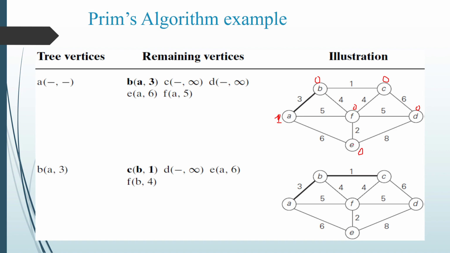So I can see these three vertices. So here you write B, and the vertex adjacent to it is A. So for B, A is adjacent. What is the edge weight? That is 3. That's why it is A comma 3 here. Next, F is also adjacent to A. What is the edge weight?